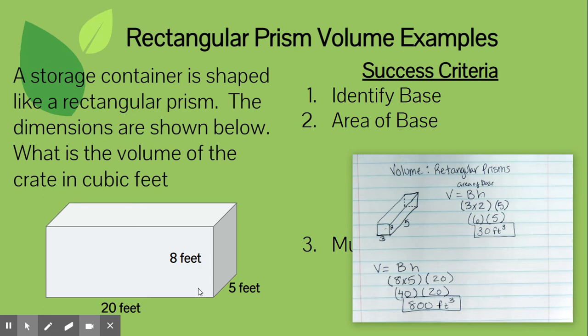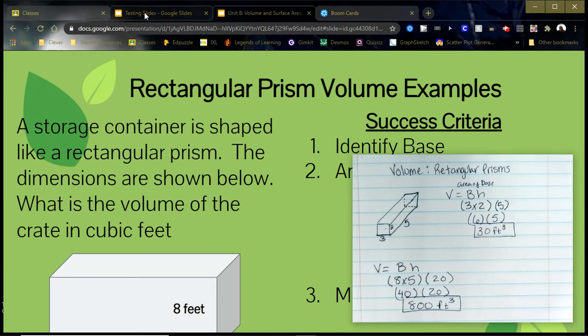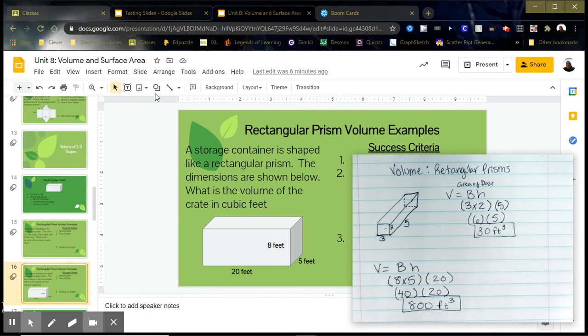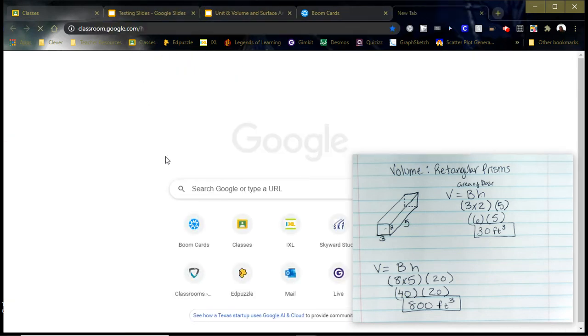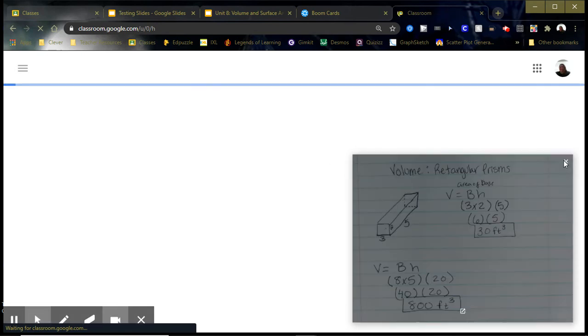You're just doing length times width times height for it. But I give you the big B times the H because on your formula chart, it's going to tell you volume equals base times height. So let me pull up the formula chart for you, and I'm going to show you exactly what it means there.